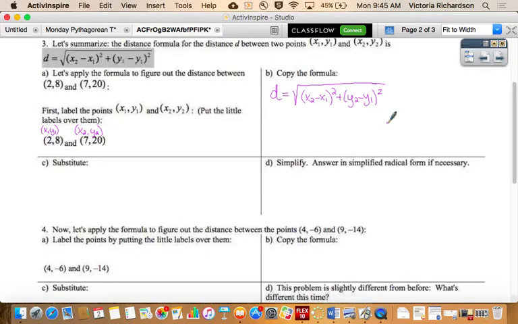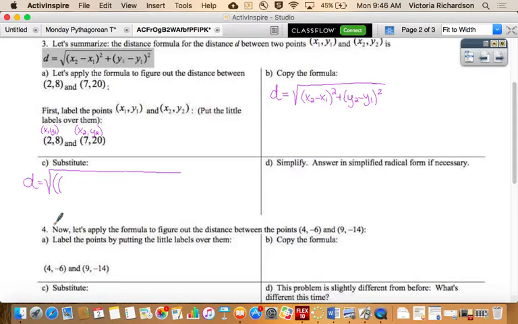Now the next thing I'm going to do is I'm going to substitute these numbers in for these variables. So I'm going to start with d, because that's what I'm trying to find, and then I draw a big giant square root symbol. And then you have a parentheses and another parentheses. Now the reason I did that is because when you put this in your calculator, you've got to use the double parentheses, otherwise you won't get the right answer.